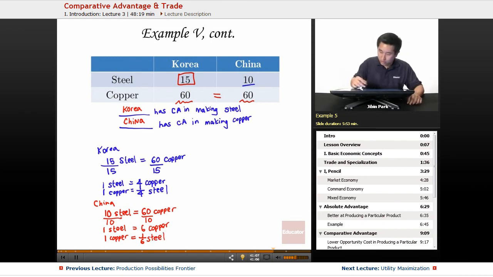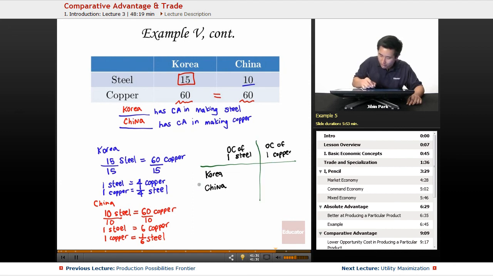So let's go ahead and draw this chart out to make sure that you understand. So here's the opportunity cost of 1 steel and the opportunity cost of 1 copper. And the two countries here are Korea and China. So let's see this played out here in a chart. We have all the information.